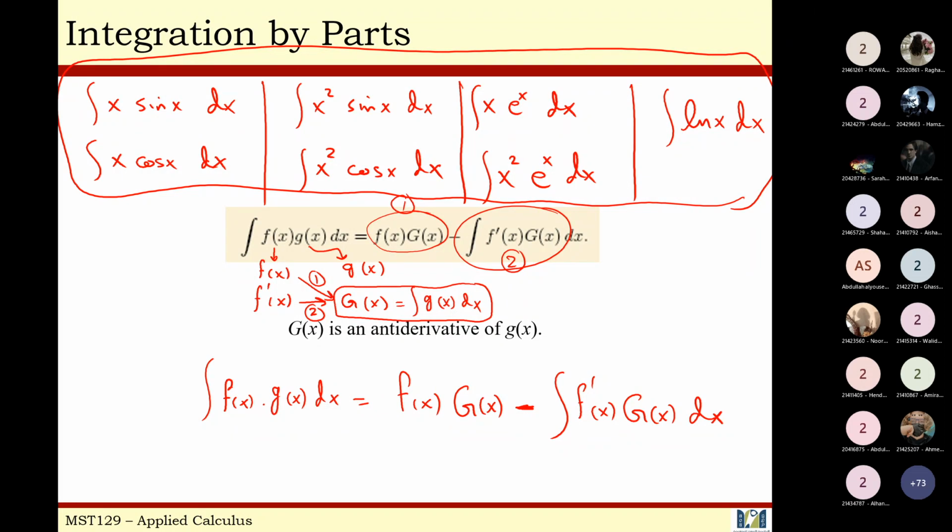I put two ways to find it. For example, in the first example, find number 1, the integral of x times e to the power 2x dx. Look at the degree of x, the power equals 1, and e's degree also equals 1.